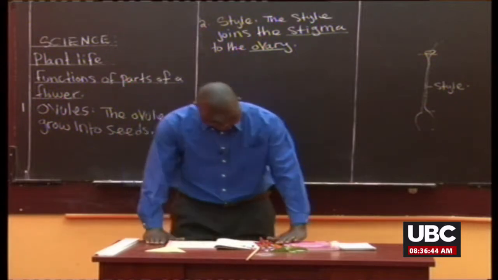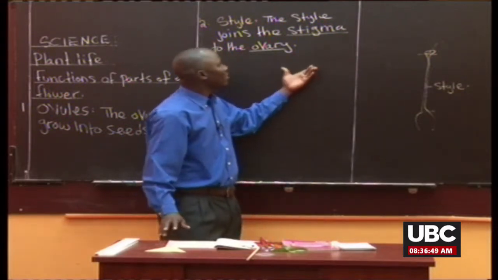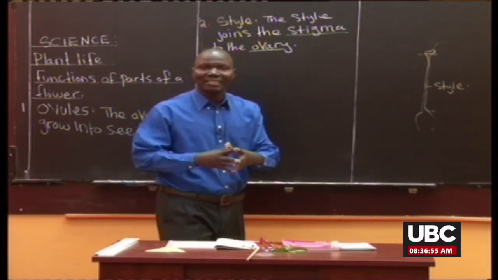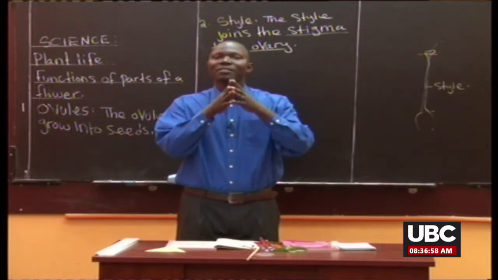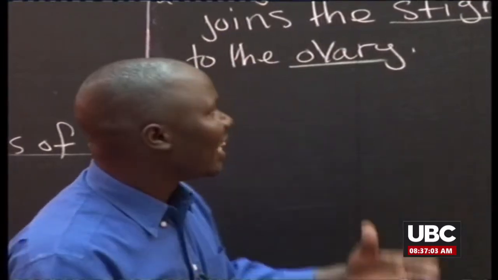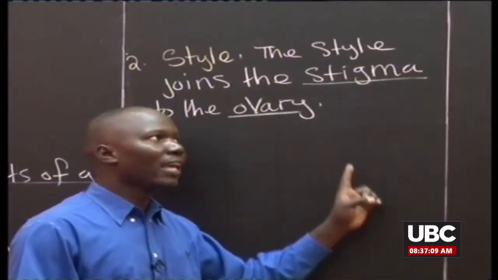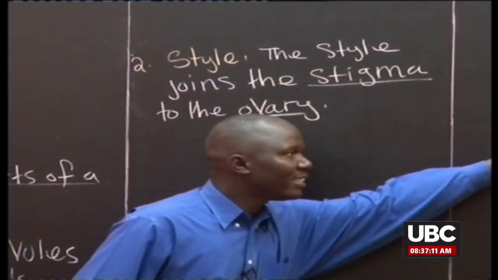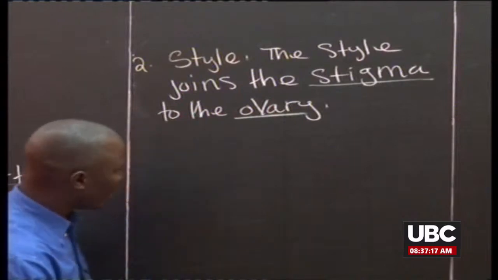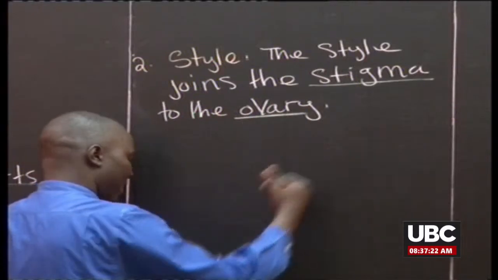And we're saying pollen moves down into the ovary through the style. Or you could say the style is the tube through which pollen moves from the stigma to the ovary. So we can note that one down and say the style joins the stigma to the ovary.